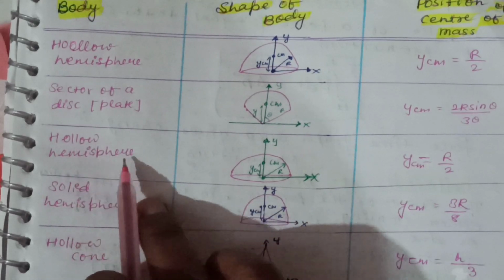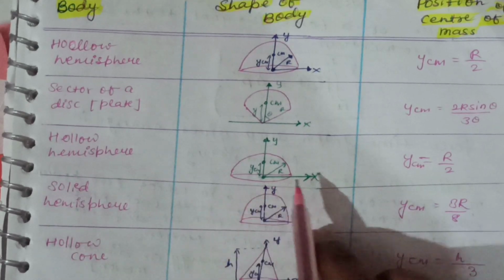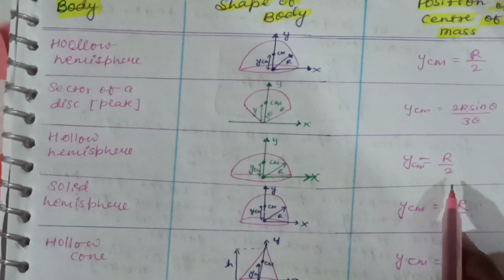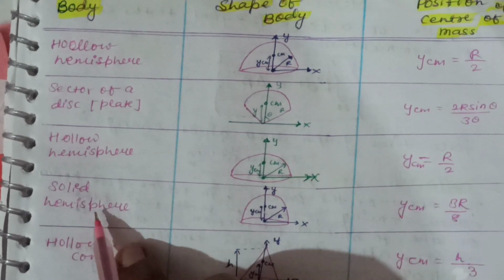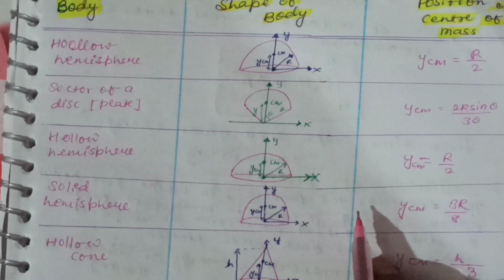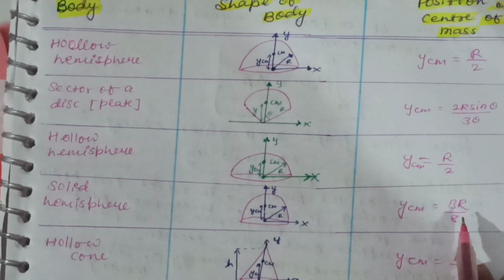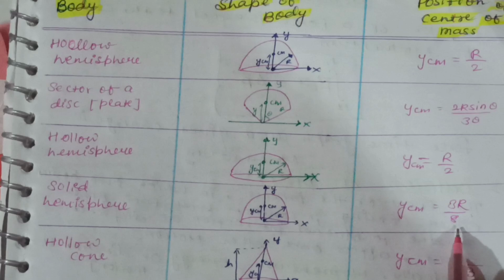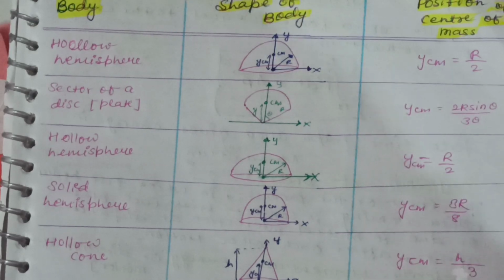Solid hemisphere: ycm is equal to 3r upon 8.